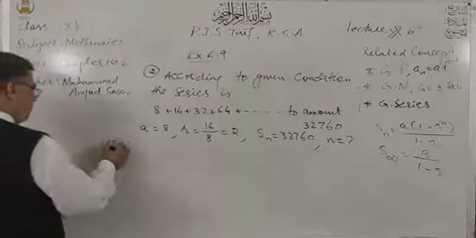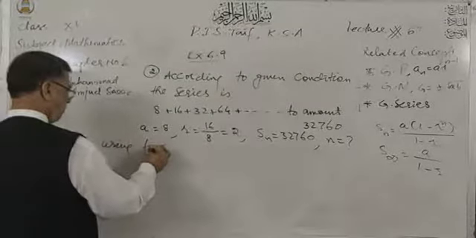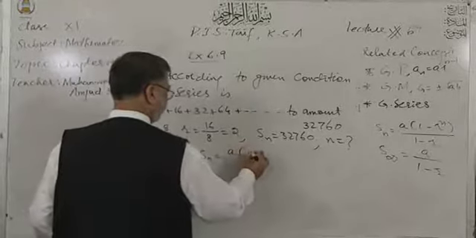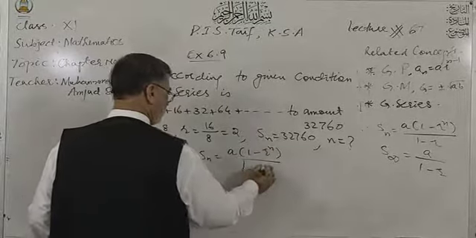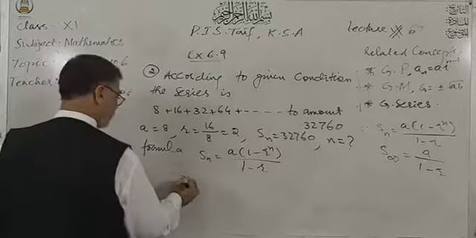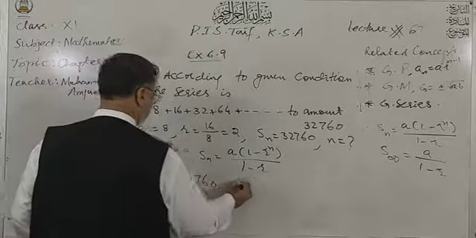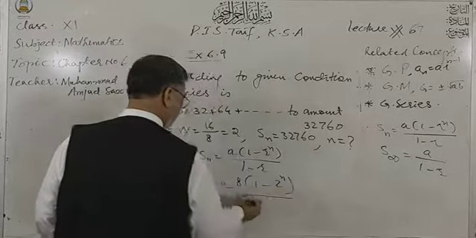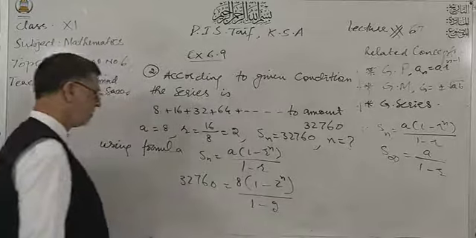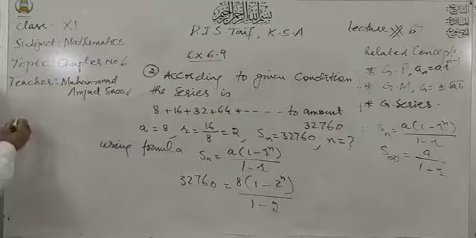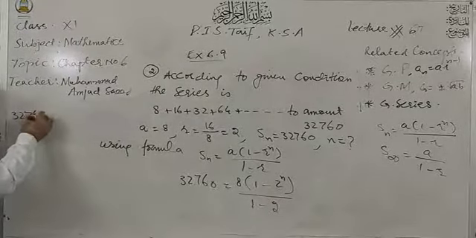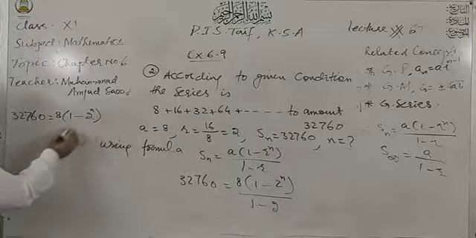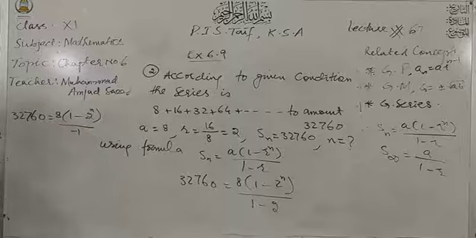So using the formula, Sn is equal to a into 1 minus r^n over 1 minus r. 32760 is equal to 8 into 1 minus 2 power n over 1 minus 2. So dear students, this will be 8 into 1 minus 2 power n over minus 1.